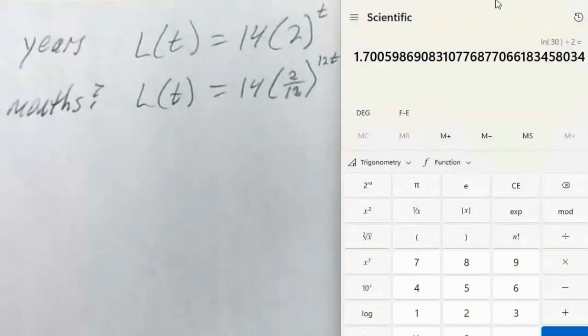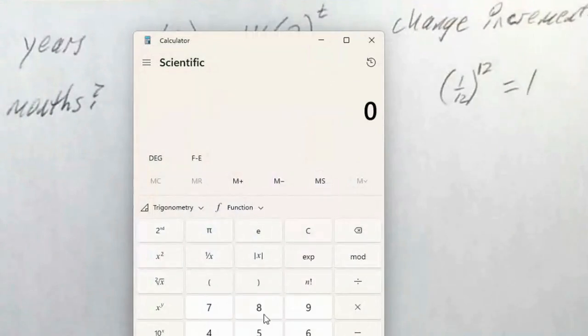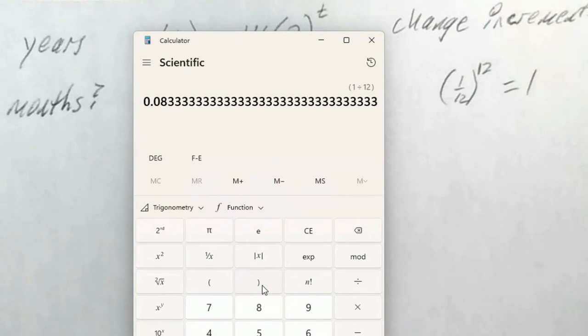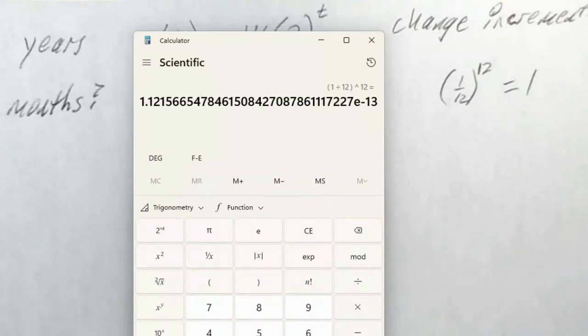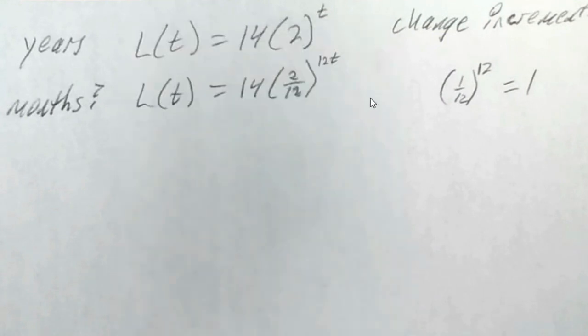Let's put that in our calculator just to prove to ourselves. Parentheses 1 divided by 12, raised to the 12th power. Oh, wait, that's something really weird here. That is not right. What did they do here?